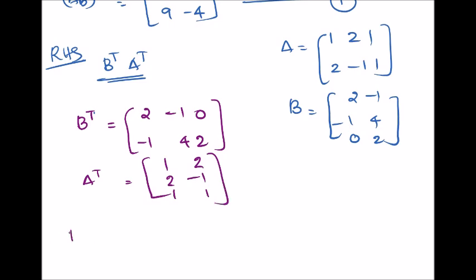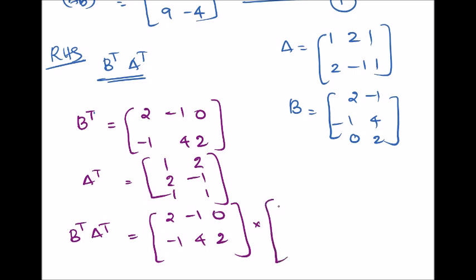Now we need to find the product of these two. That is equal to [2 -1 0; -1 4 2] into [1 2; 2 -1; 1 1].